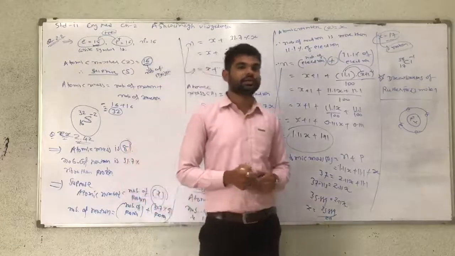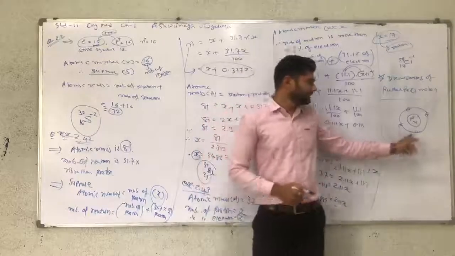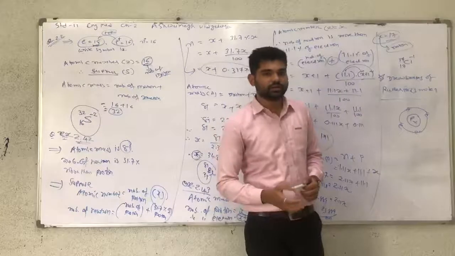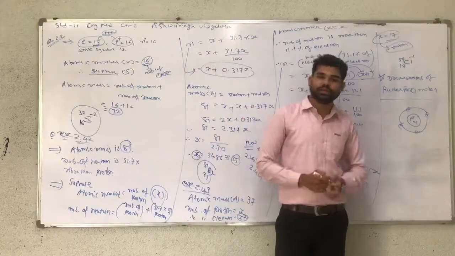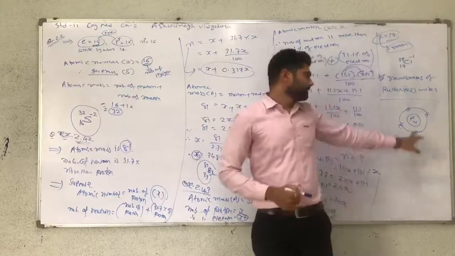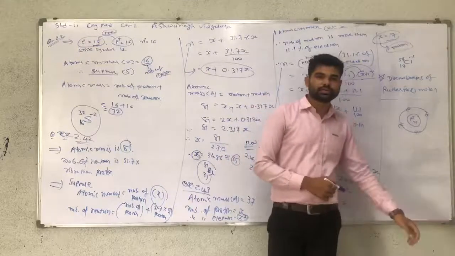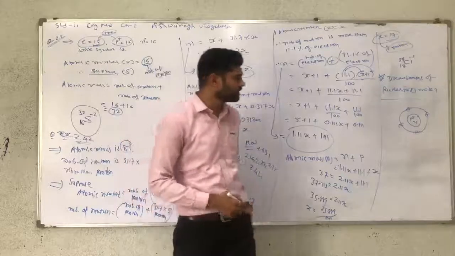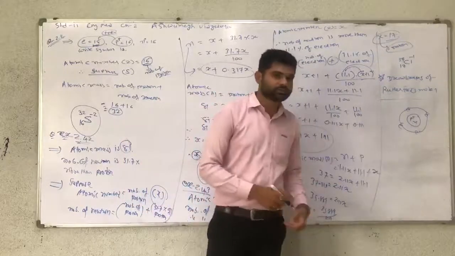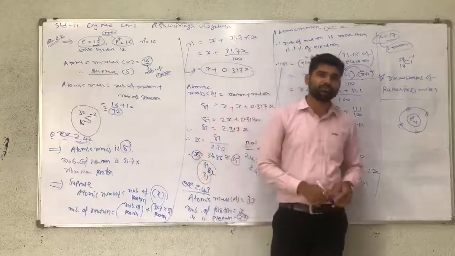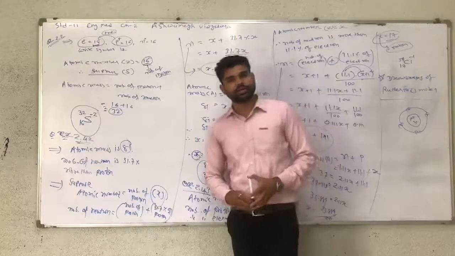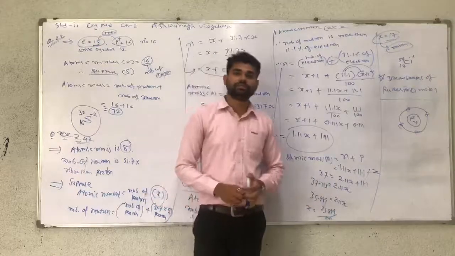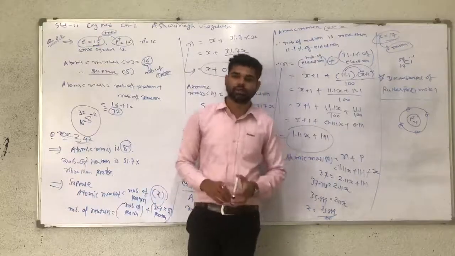So Rutherford could not explain the electronic configuration and the energy of electrons in different orbits, nor how electrons move around the nucleus. So the first drawback is that Rutherford could not explain the arrangement of electrons around the nucleus and how much energy each orbit has.